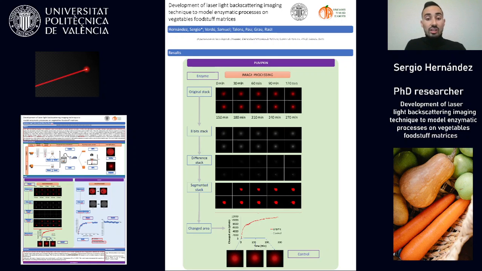Then, the initial image of the stack was subtracted from all images of the stack with the aim to visualize only the pixels that changed. After that, the stack difference was thresholded to highlight the changed pixels. Finally, changed pixels were measured and plotted on the figure shown at the bottom of the screen.